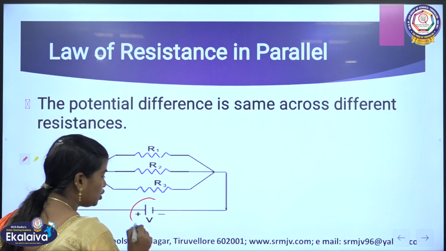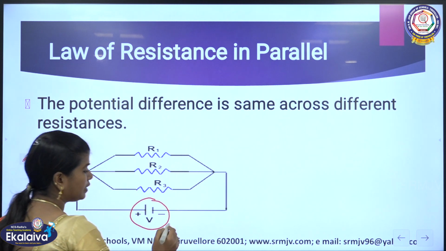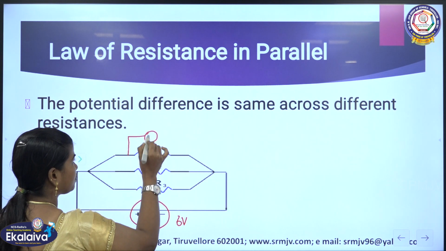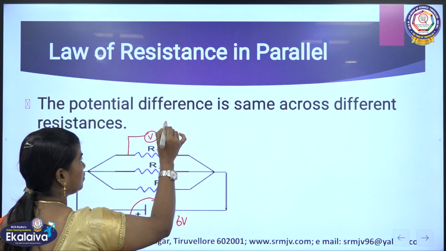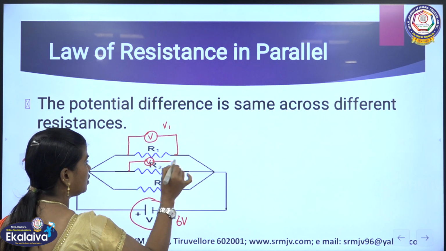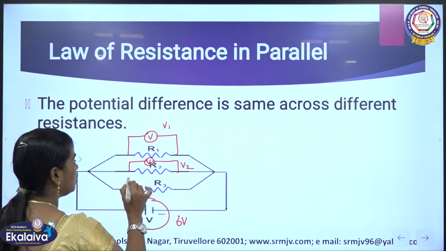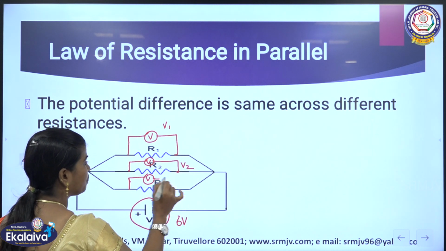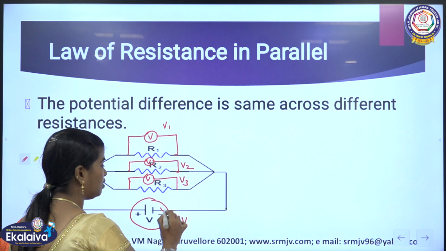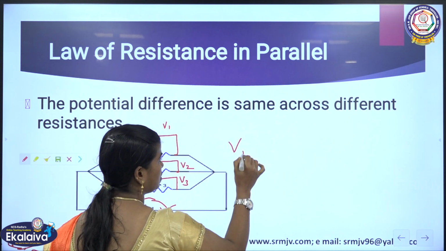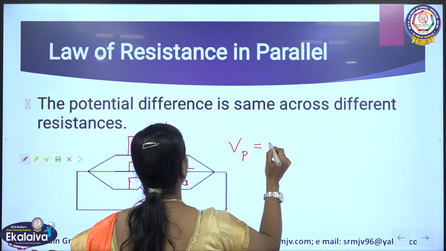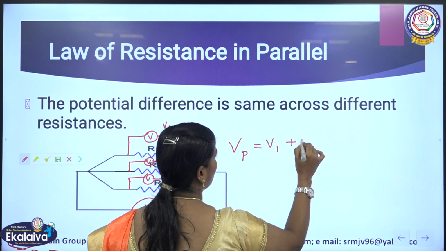For the total potential difference, whatever the input, for example 6 volt, if I connect the voltmeter here, I will get a reading of V1, and if I connect the voltmeter here, let us take it as V2, and if I connect the voltmeter here, let us take it as V3.